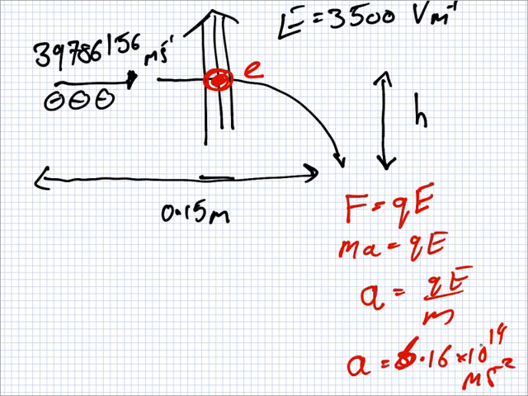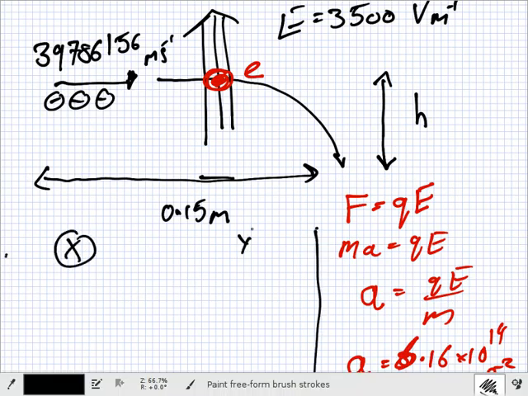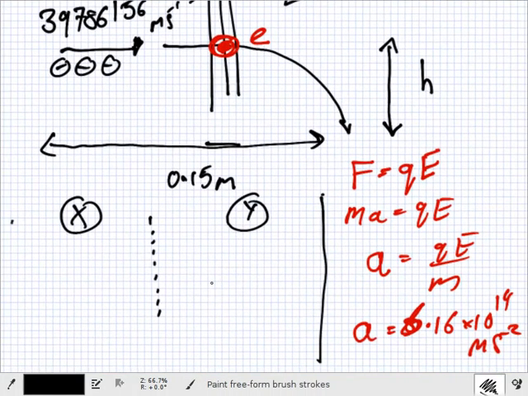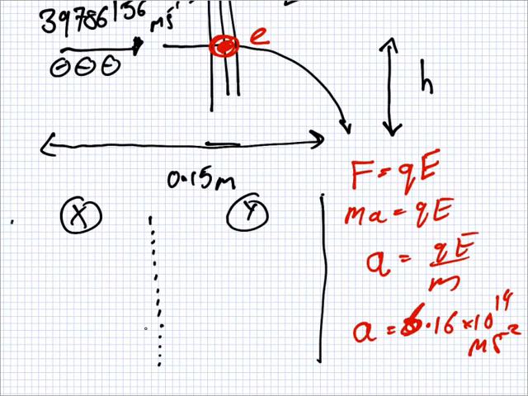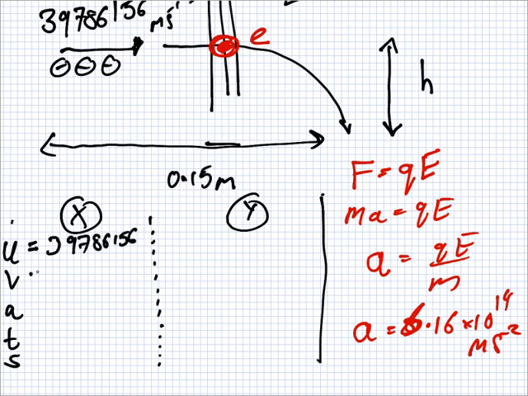So this is just a UVATS problem. Let's look at the horizontal and let's look at the vertical. UVATS. Horizontally, what's the u? What's the v? Don't know.